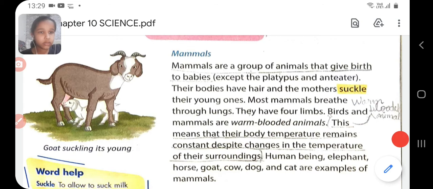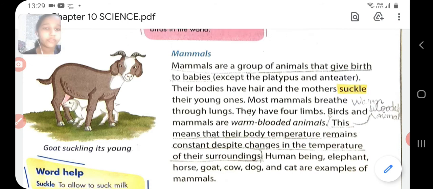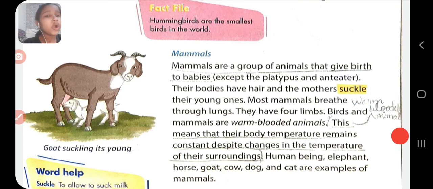It means that their body temperature remains constant despite changes in the temperature of their surroundings. Human beings, elephant, horse, cow, goat, dog and cat are examples of mammals. Even we humans are mammals.